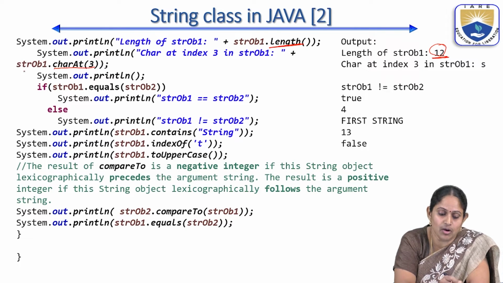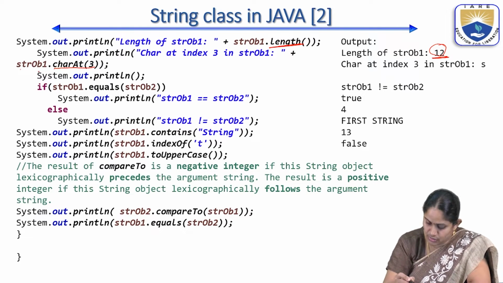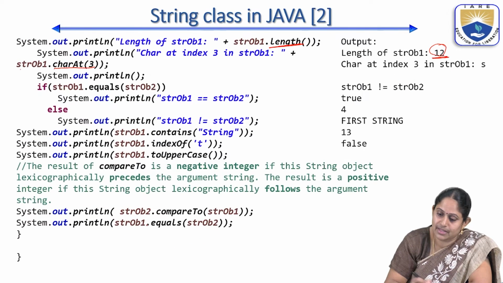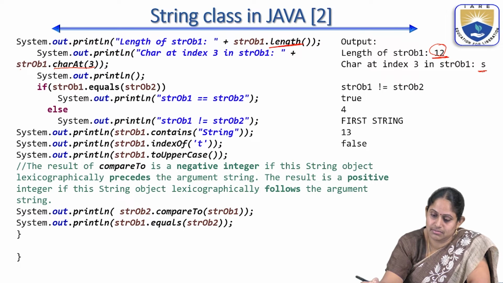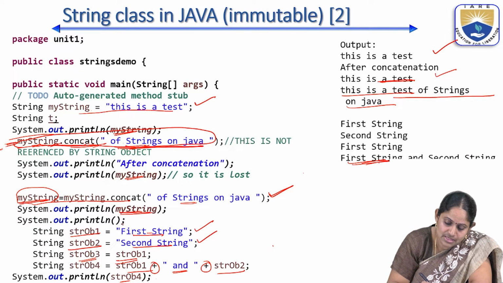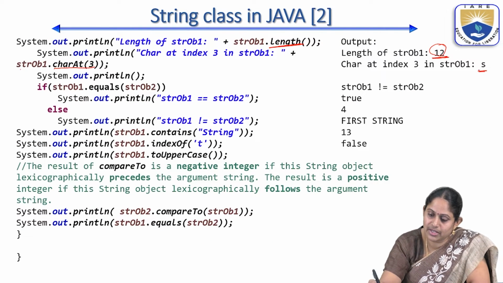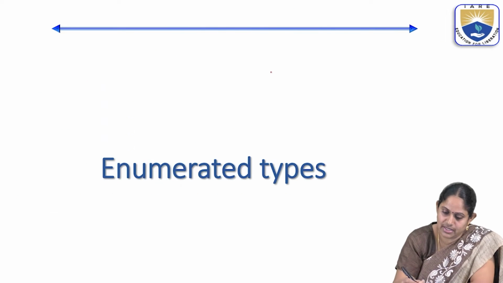It will return the character at location 3. strOb1's content at index 3 is S, because counting starts with 0: 0, 1, 2, 3, 4, 5, 6, 7, 8, 9, 10 and 11. So the content at location 3 is S.